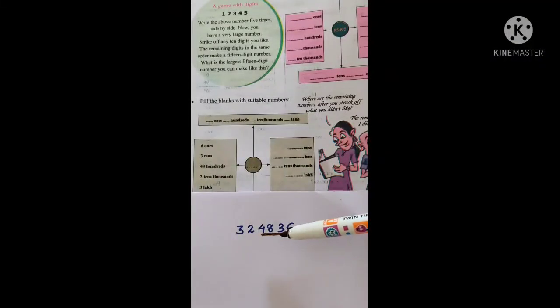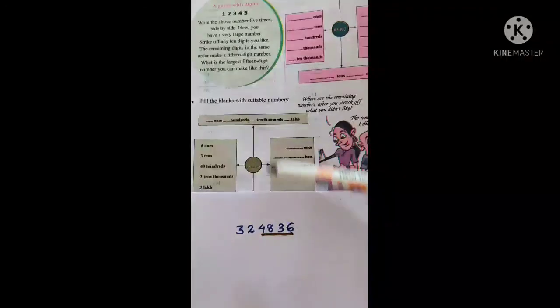How many ones? 36 ones. 3 lakh, 2 ten-thousands, 48 hundreds. How will you get it? Yes, we know that 100 has 2 zeros. So we cut 2 digits from the right end. Then we get it as 48. That is 48 hundreds. Then 36 ones.